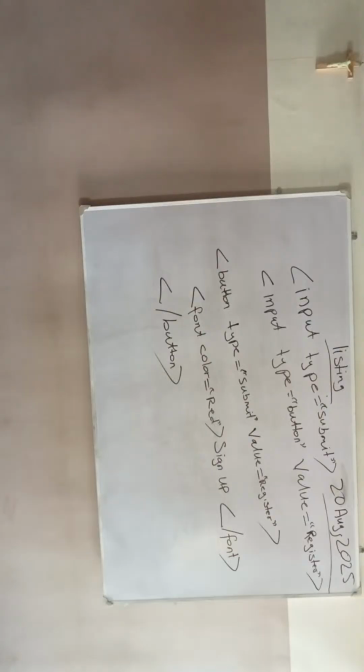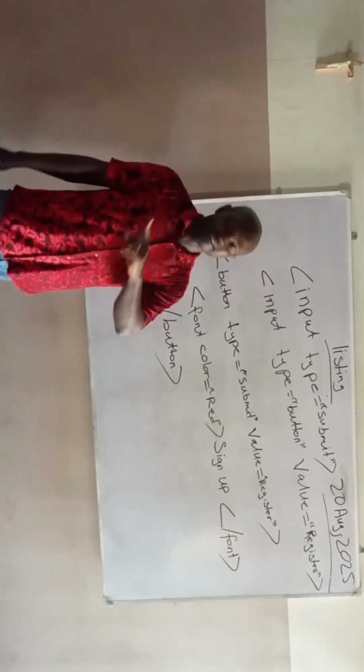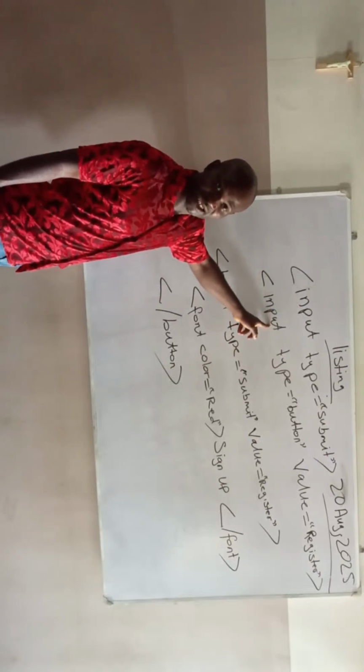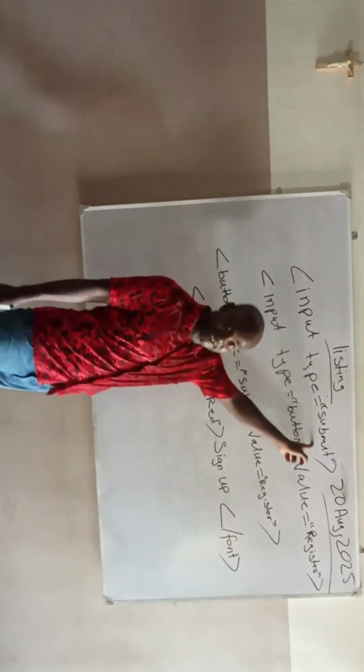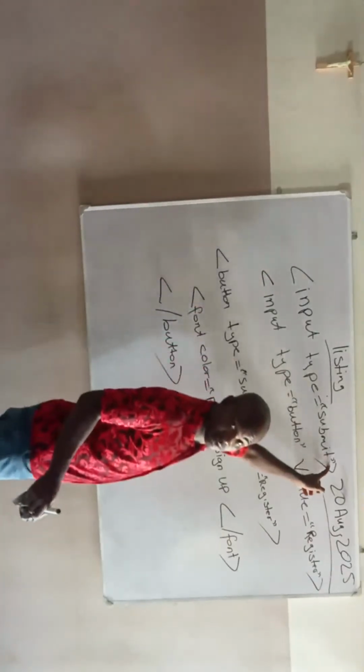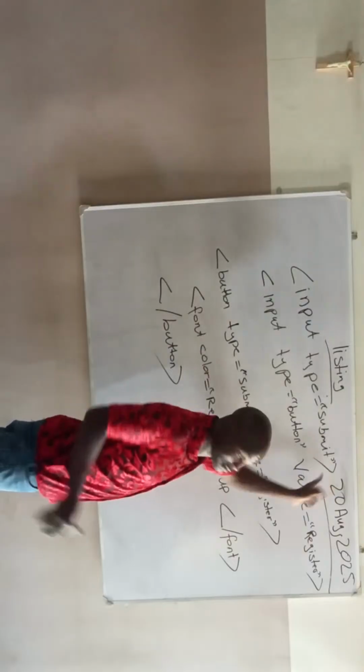Look at the board. The one I taught you previously as our input element is this. These are not input elements. This one is your submit button. You can also put your value.